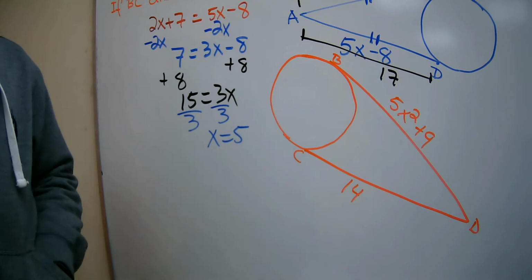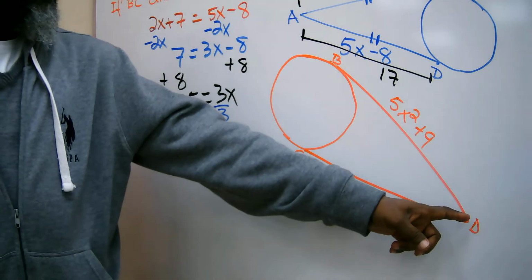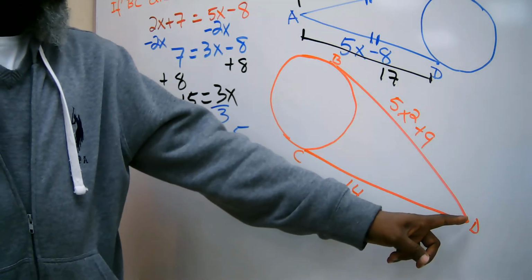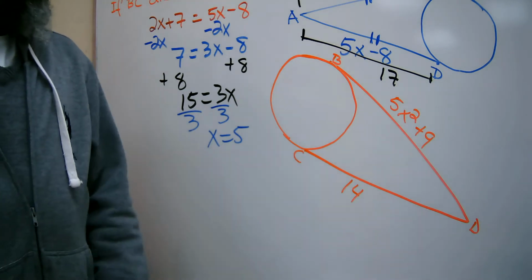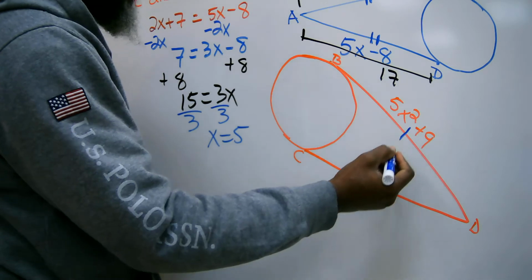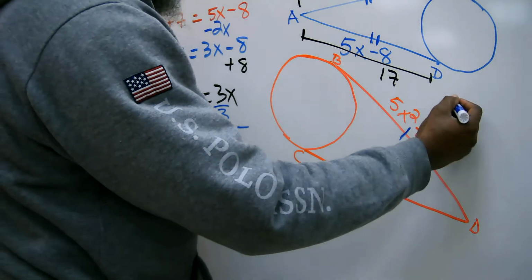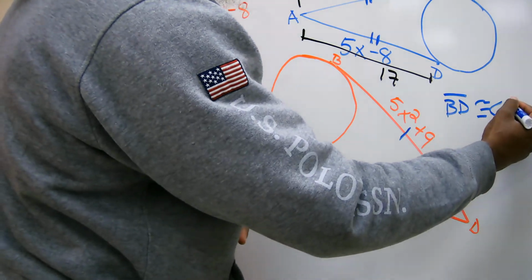So let's look at the red circle. We have BD, which is tangent to that circle, and we have CD also, which is tangent to that circle. In this case, whatever BD is, it will be congruent to CD.